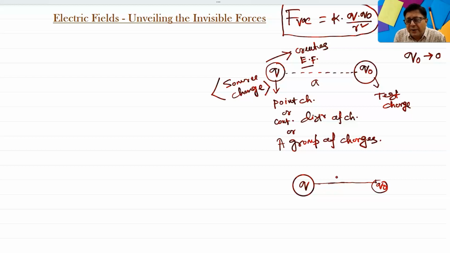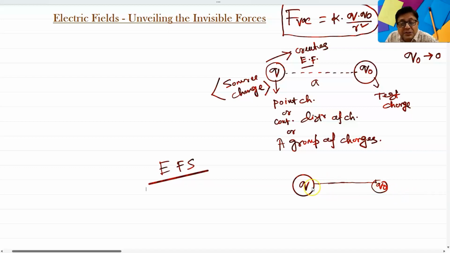If this one is far away, then force is going to be reduced. So keeping this in our mind, we are going to define EFS, or electric field strength. What is that? By remembering the fact that if it is close to the source charge, it will experience more force. If it is far away, it will experience less force.